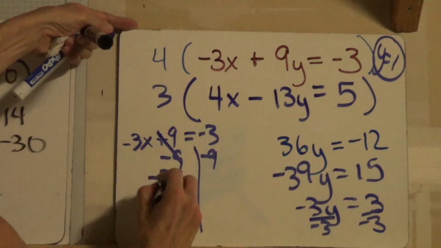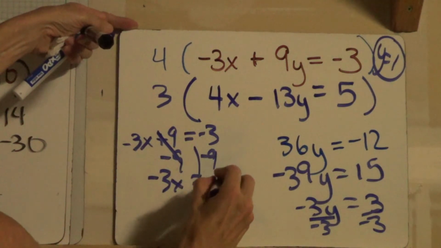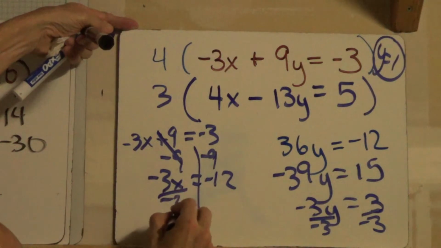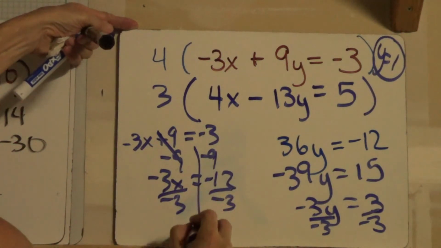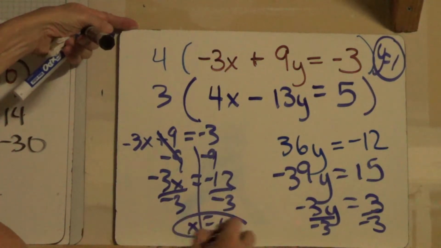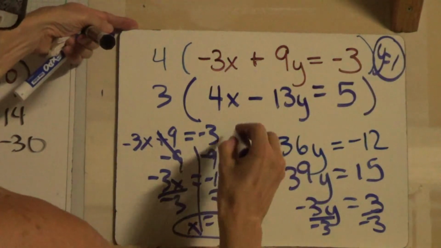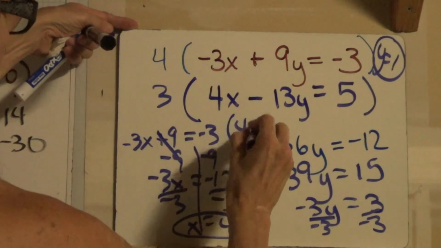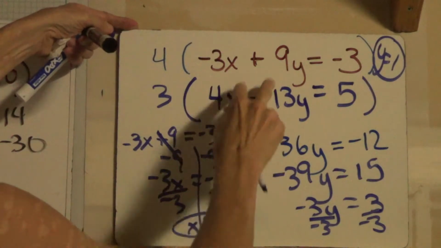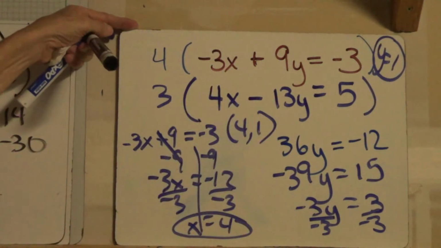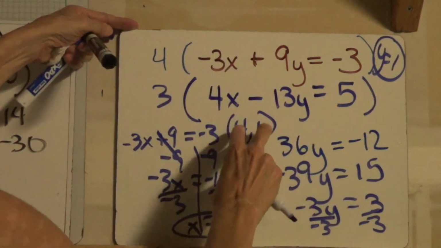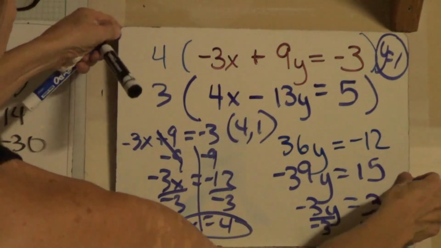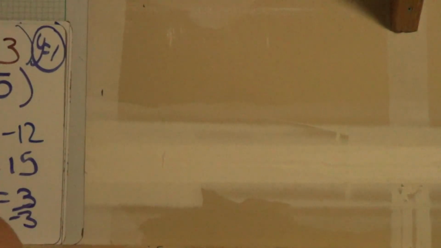That will be negative 3x equals negative 12. Divide by negative 3, x equals 4. So we have 4 and 1, so our point is (4, 1). Plug each of these into each equation, make sure it works, or graph each equation, make sure it crosses at (4, 1). Okay? See you in class.